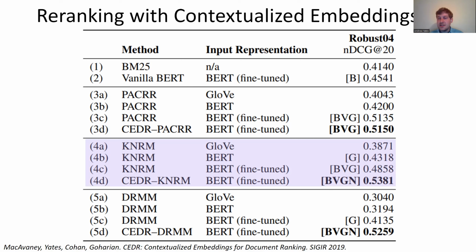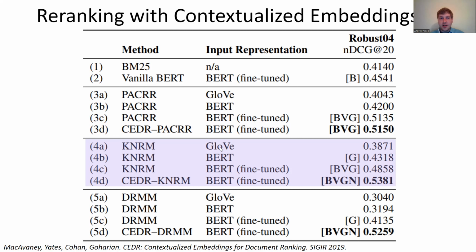But the takeaway message is that using these contextualized embeddings does improve a lot over, for example, word2vec. So this gives us evidence that, at least one reason that BERT transformers neural methods are so helpful for IR is that they're improving these static embeddings, going from static to contextualized.